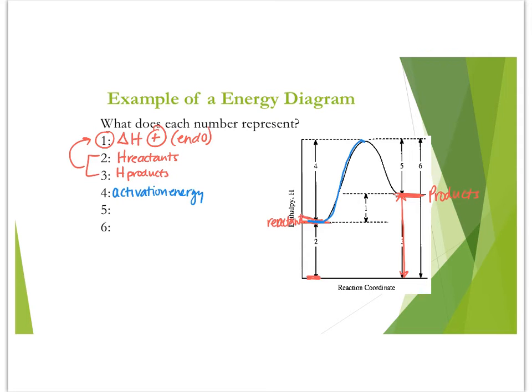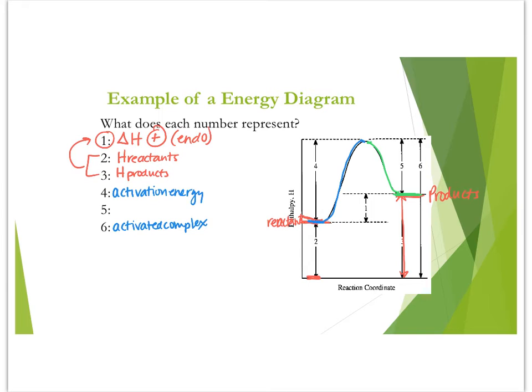And I'm going to skip to number 6. Number 6 goes from the bottom all the way to the top. Now, interval 5 is not one that we've looked at in the prior graph, but let's think about what this could be. We're starting where the products are, and we're climbing this hill going backwards.